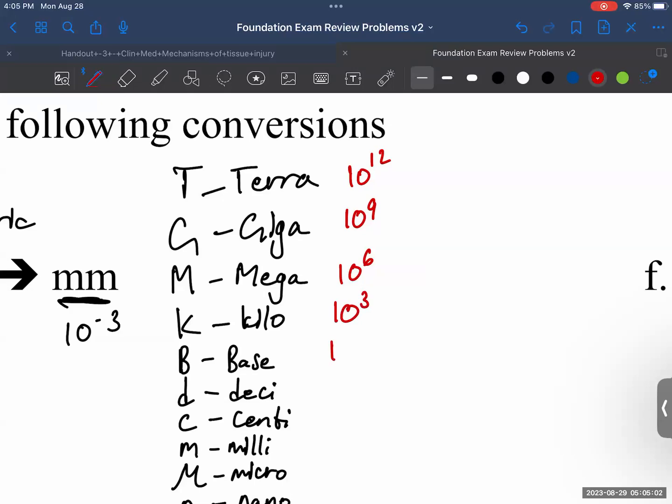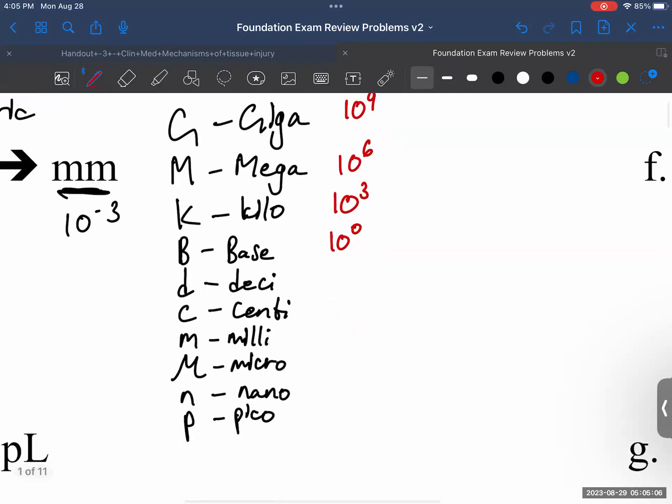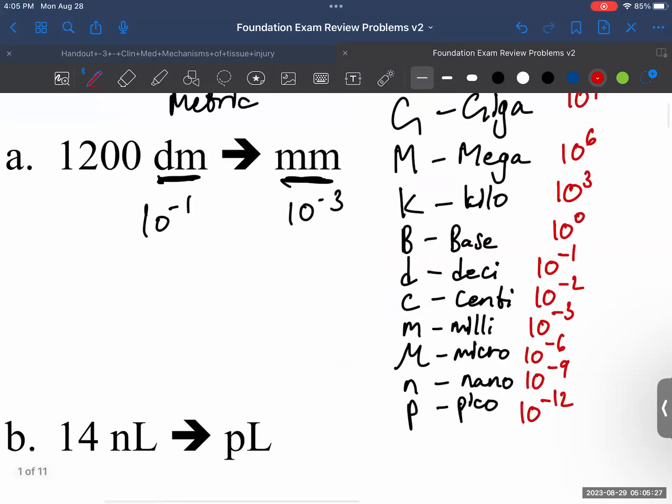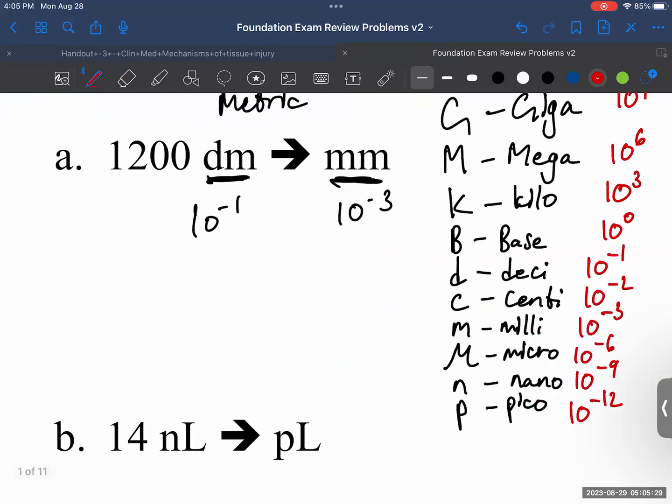Base, we'll just call it 10 to the power of 0. Deci? 10 to the -1. Centi? 10 to the -2. Milli? -3. Micro? -6. Nano? 10 to the -9. Pico? 10 to the -12.